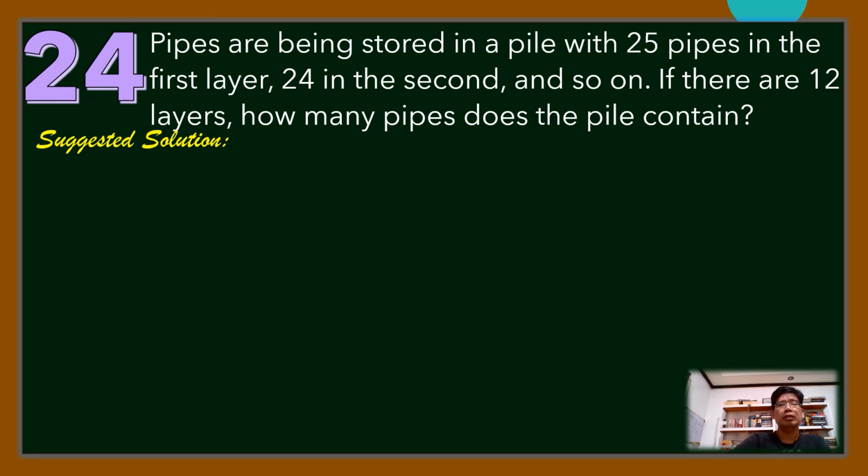Since we're looking for the sum of the pipes in the pile, then we will use the formula for the sum of the first n terms of an arithmetic series, that's S sub n is equal to n over 2 times 2a sub 1 plus n minus 1 times d.